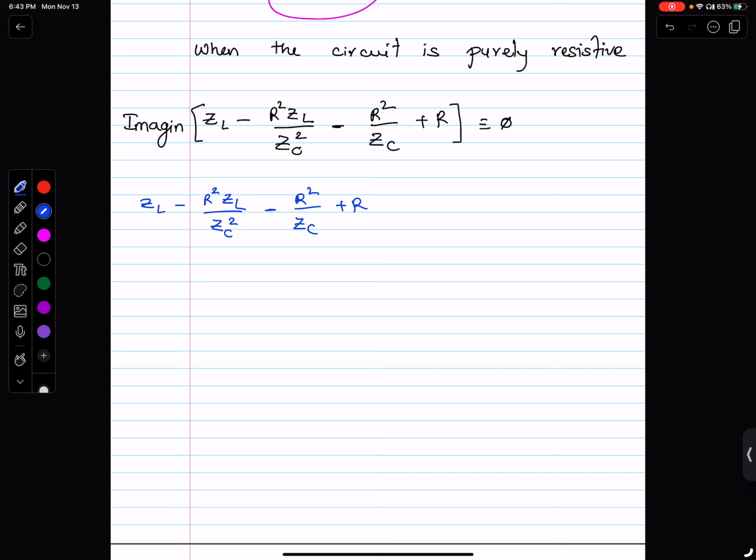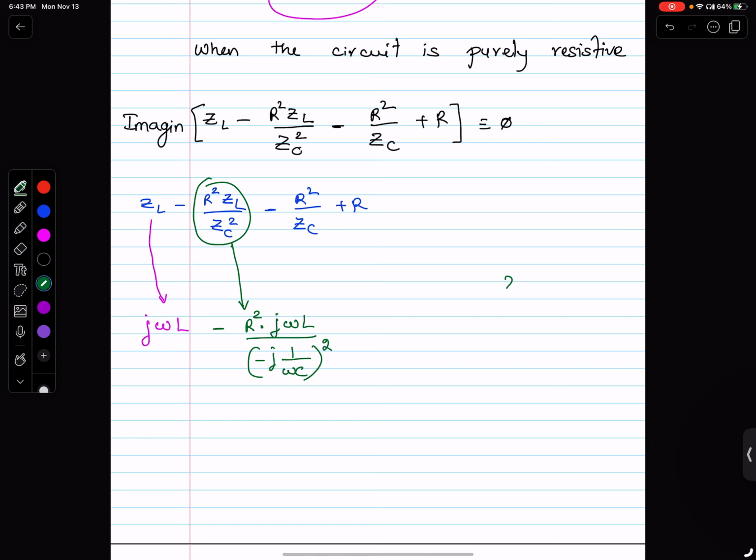So I'm going to write ZL as j omega L. And then I'm going to write out each of these terms. The second term, I'm going to write as negative R squared times j omega L divided by negative j by omega C the whole squared.